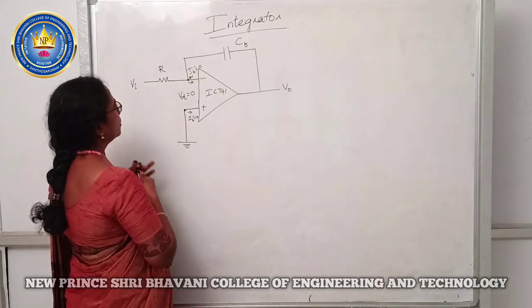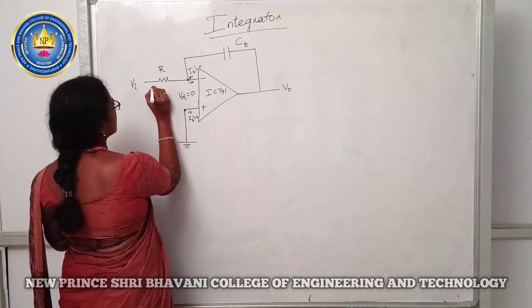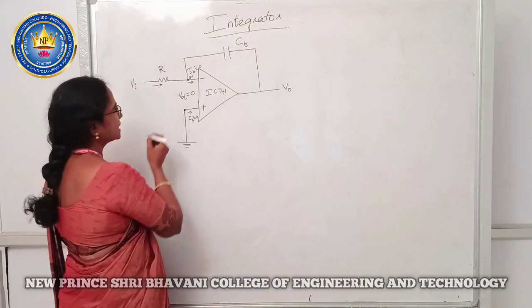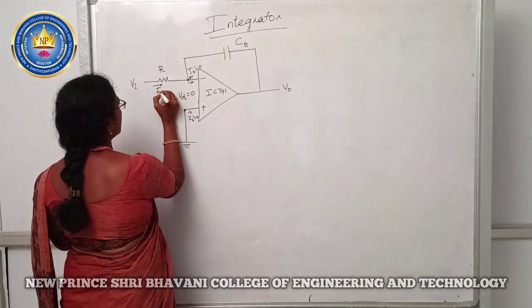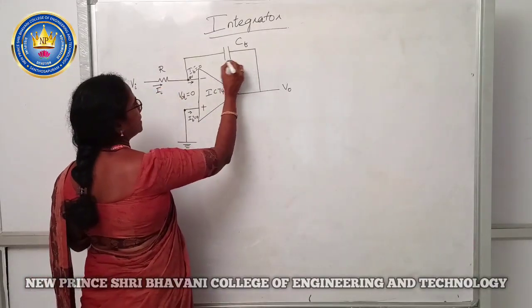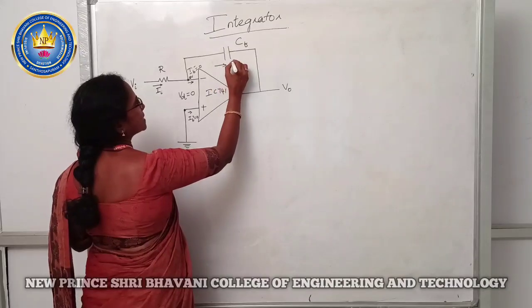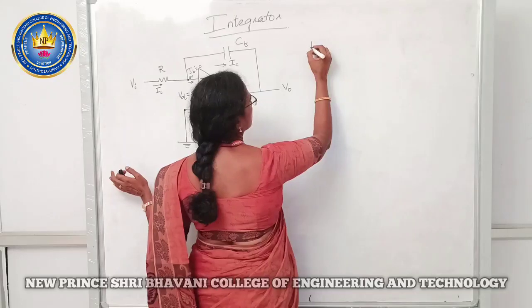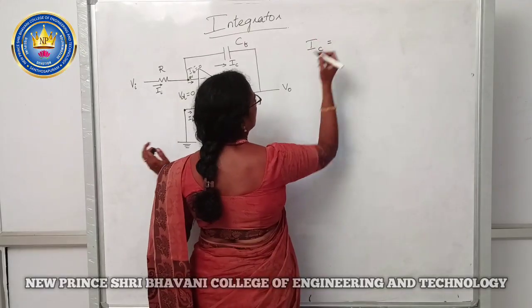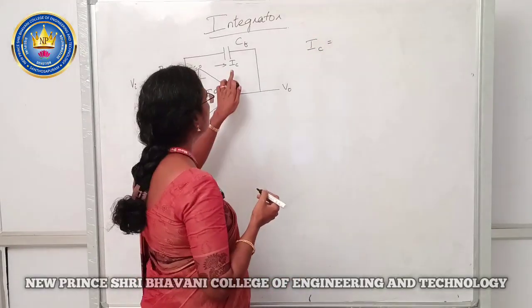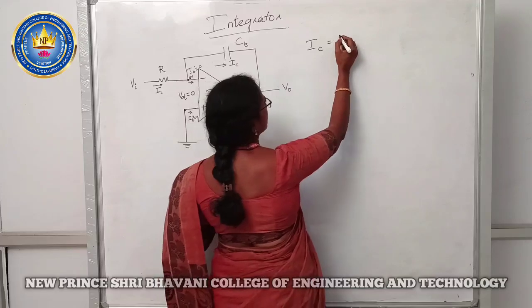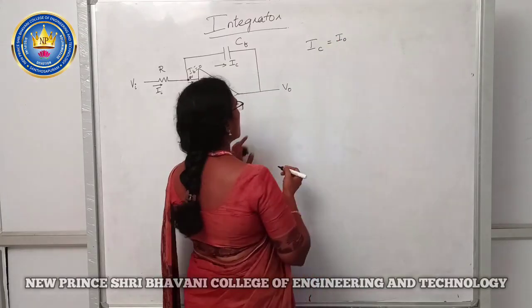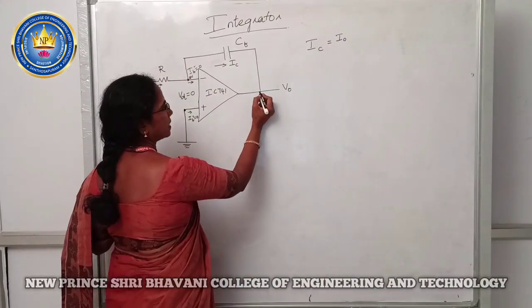Now consider the current flowing through the resistor R as II and the current flowing through this capacitor as IC. We have to have a relationship between the IC current and the output current IO. The output terminal is this terminal.